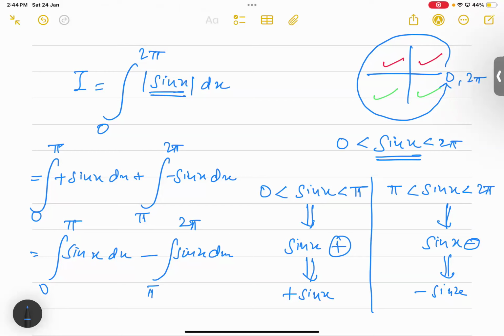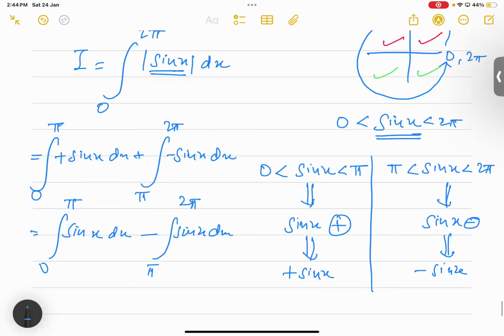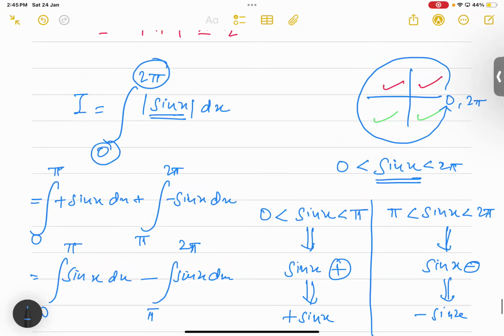Isn't it minus? Have I written something wrong? Isn't the domain just up to pi by 2 for sine? No, but then we are supposed to consider this part, 0 to pi, 2 pi.